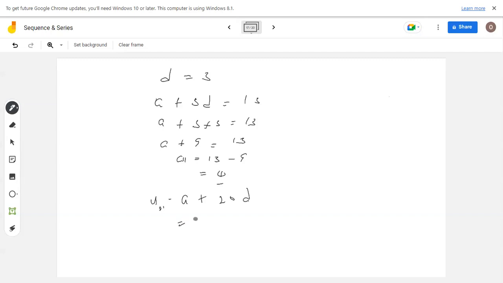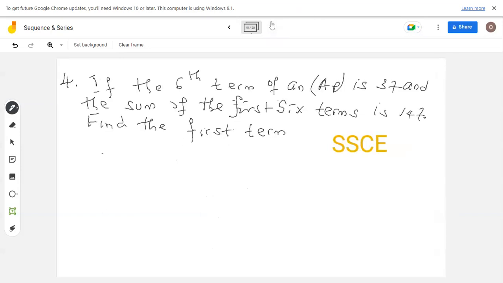So it's going to give us 4 plus 20 times 3. 20 times 3 is 60, so that is 4 plus 60, which is 64. So the answer is 64. Now we move to the next question, question 4.